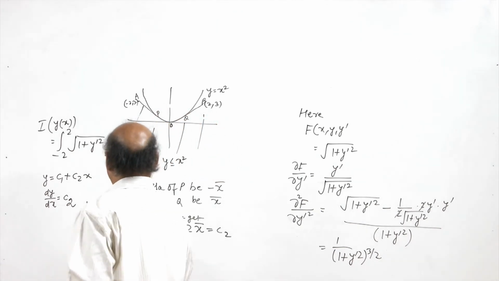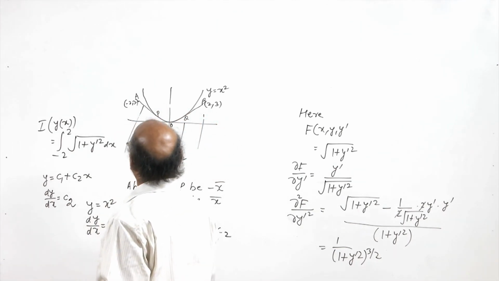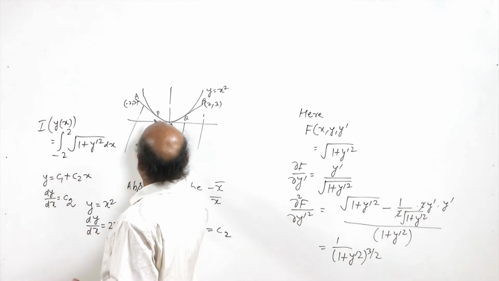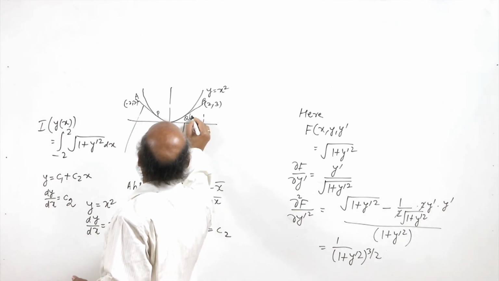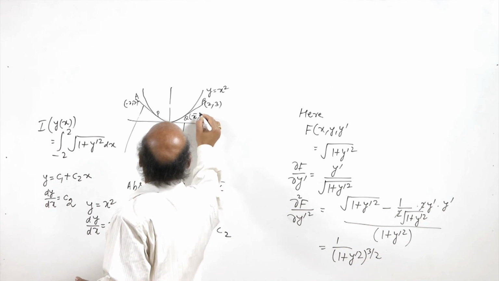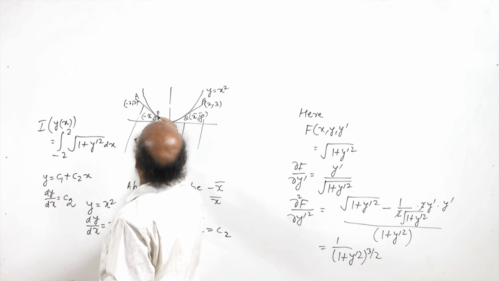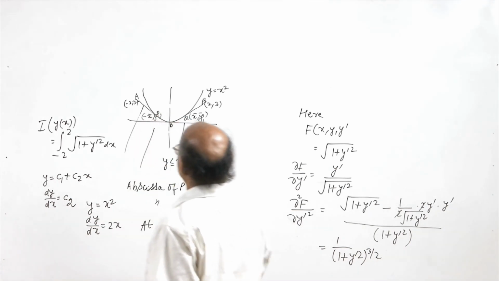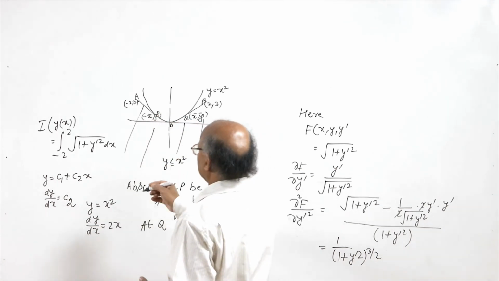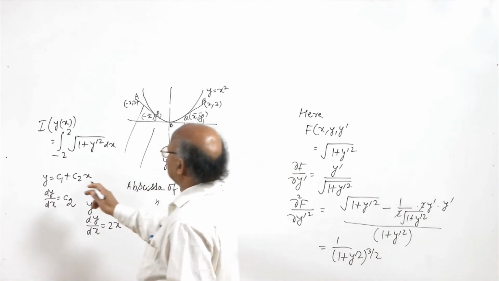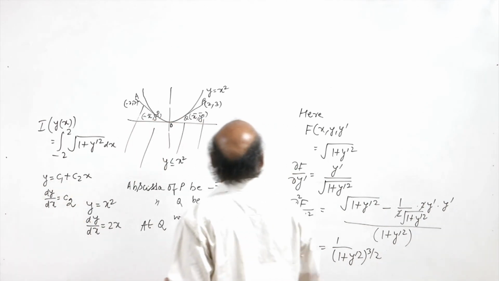Furthermore, x bar y bar lies on the parabola. So this is x bar y bar, and this is minus x bar y bar, the point P. So x bar y bar lies on the parabola as well as on the line y equal to C1 plus C2x.